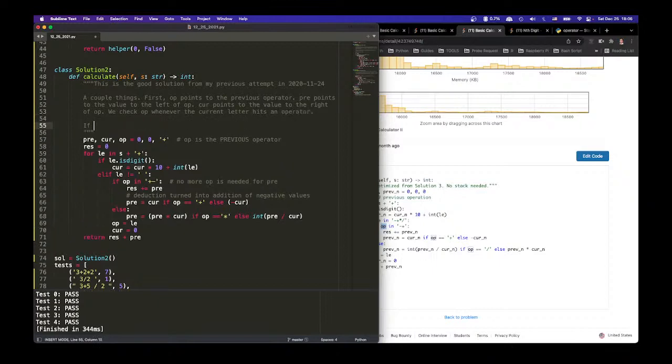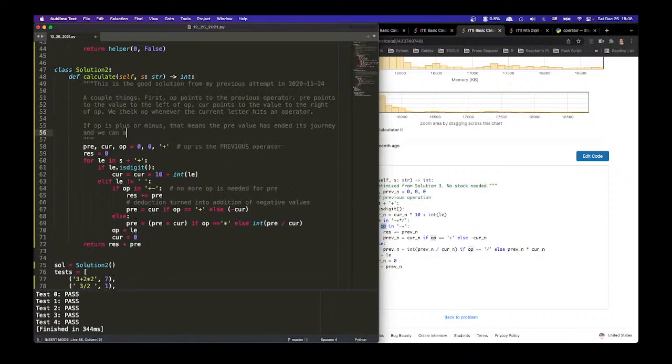Now, if OP is plus, right, or minus, right? If it's a plus or minus, that means the pre-value has ended its journey, and we can add it to result.